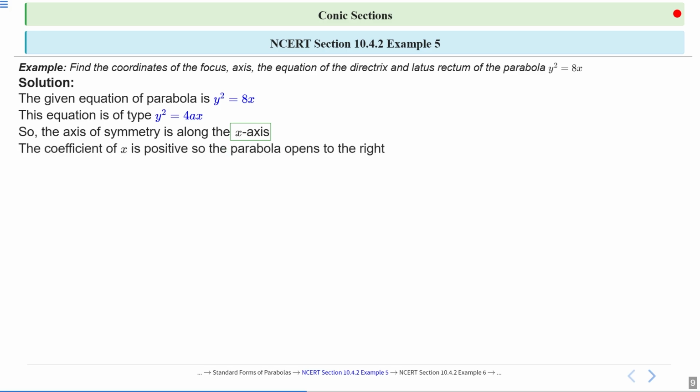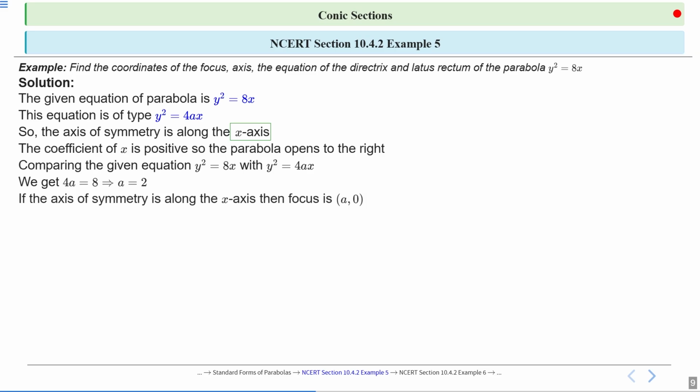And here the coefficient of x is positive, so the parabola opens to the right. Now comparing the given equation y square equal to 8x with y square equal to 4ax, we get 4a equal to 8, which implies a equal to 2.